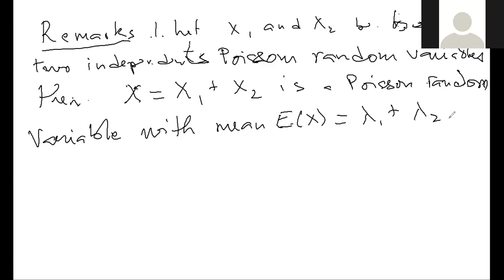How do we understand the meaning of the sum of two random variables? Suppose, for example, that two people have an insurance, and the number of claims they can file, that is the number of times, if it is health insurance.